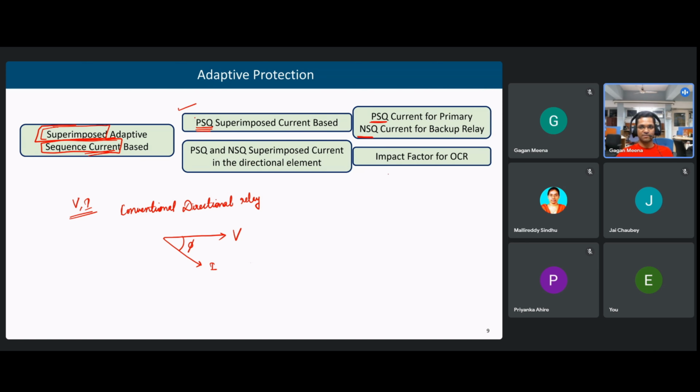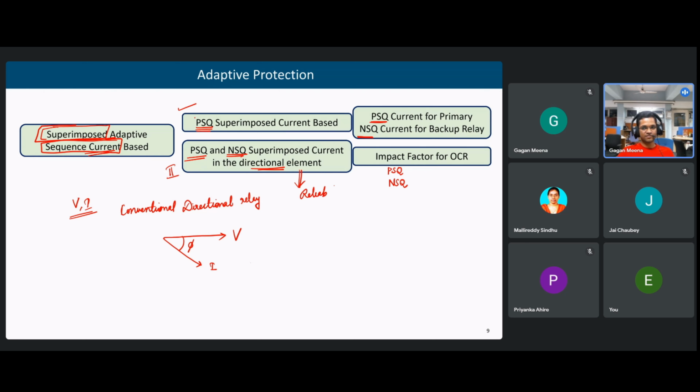In the second technique also, for primary, positive sequence current is used, and for backup, negative sequence current is used. But for directional estimation, both positive sequence and negative sequence superimposed currents are used in the directional element. This is for increasing the reliability.